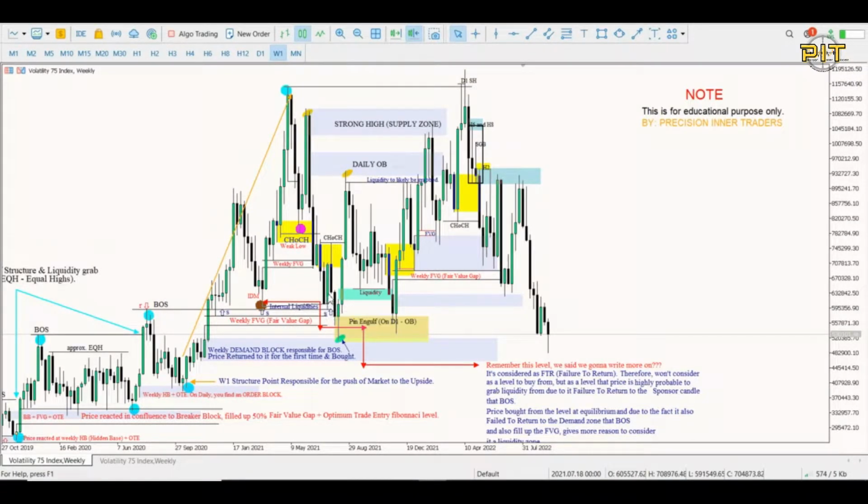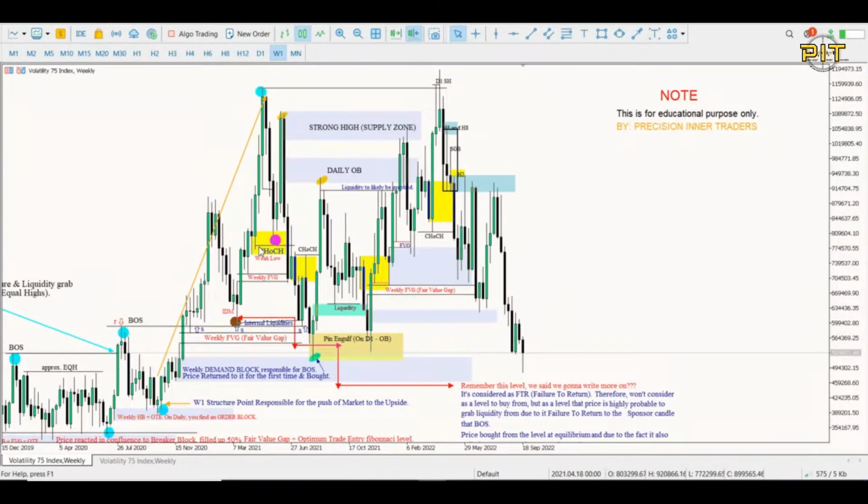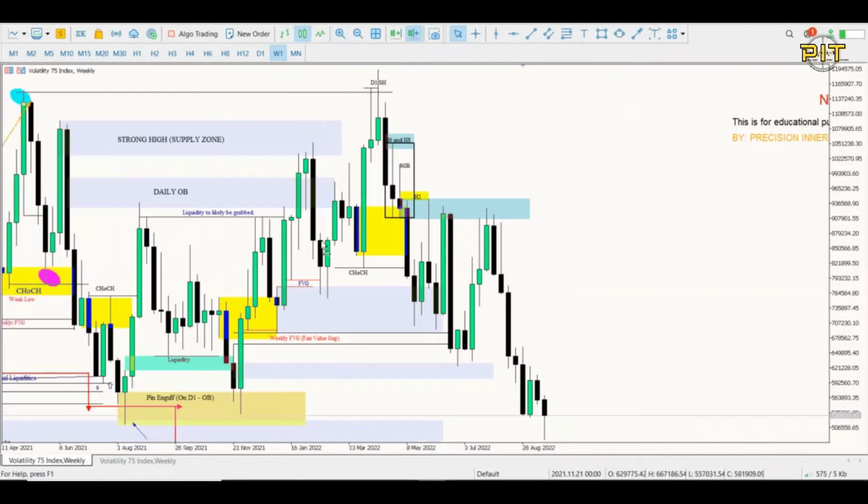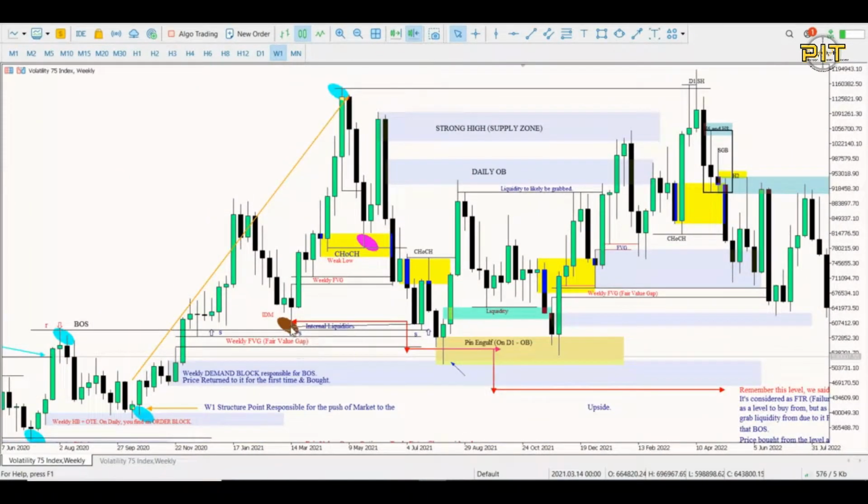You can see this candle came, grabbed the liquidity and pushed to the upside. So price returned to retest the sponsorship candle that sponsored the move that grabbed the liquidity here. You can see this is the candle here that grabbed the liquidity here.